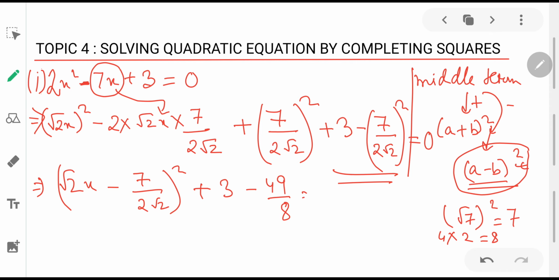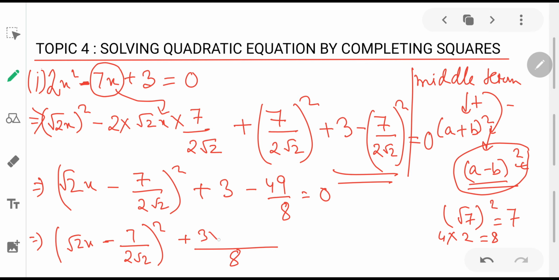So equals to 0. So here you should write again (root 2x minus 7 by 2 root 2) whole square, and here what will be the LCM? The LCM will be 8. So plus 3 into, in the denominator we don't have anything, means we have 1 into 8, it is 8, minus 49 into 8 divided by 8, it is 1, equals to 0.